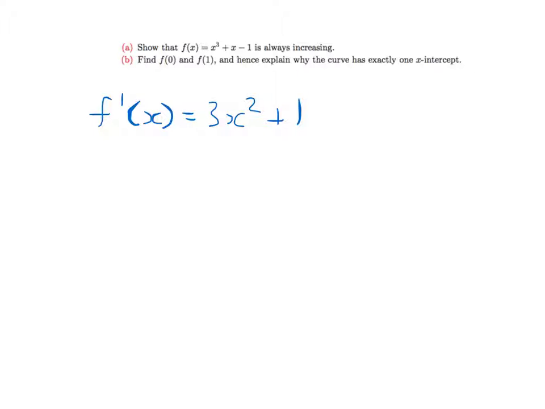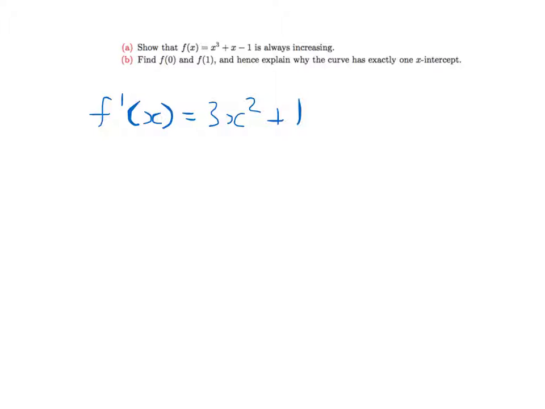So, how could you show that this is increasing? Well, you'd have to show for no matter what value of x, you would get a positive number. The reason being is since x squared, no matter what x is, negative or positive, when you square a number, it will equal a positive, then you're always adding 1. It is impossible for any value of x you substitute in to get a negative answer, or 0.